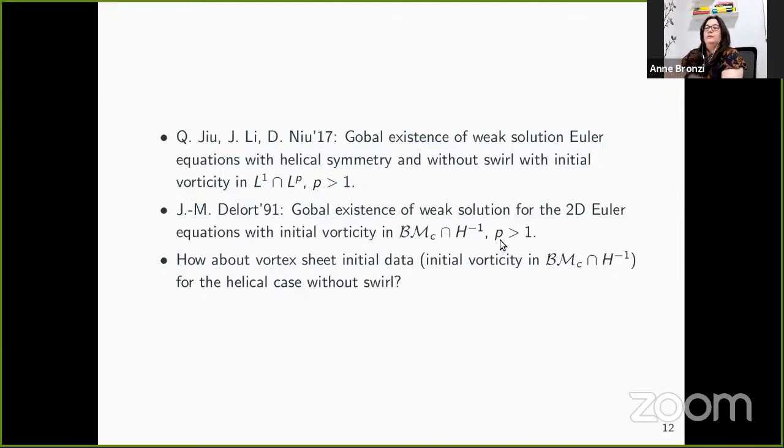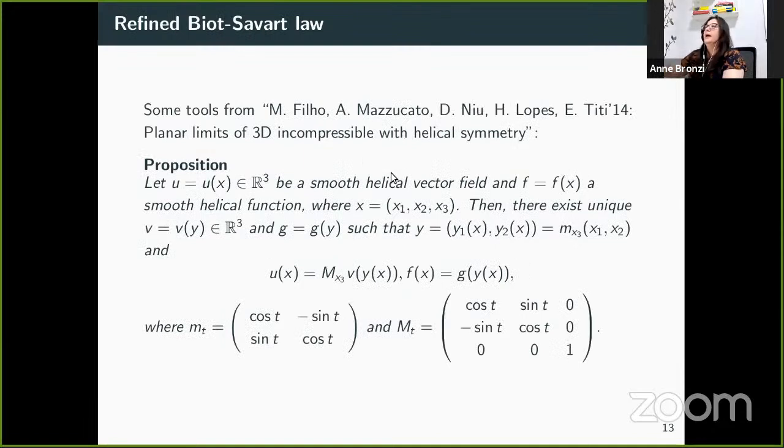Okay, so we are trying to push the result as close as possible to this space here. We were not able to do this yet, but we could improve this result a little bit. So let me explain how we did this.